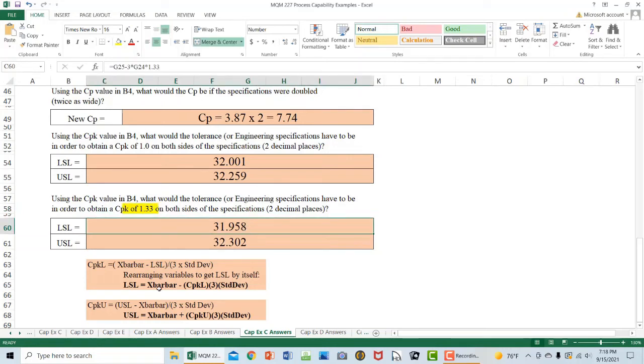And so we put in X bar bar, 32.13, minus 1.33, not 1, times 3 times the standard deviation. And similarly, X bar bar plus 1.33 times 3 times our standard deviation. And you can see that's what happened. Now, of course, as I mentioned earlier, I just tagged the 1.33 on the end because it doesn't really matter with mathematical hierarchy.